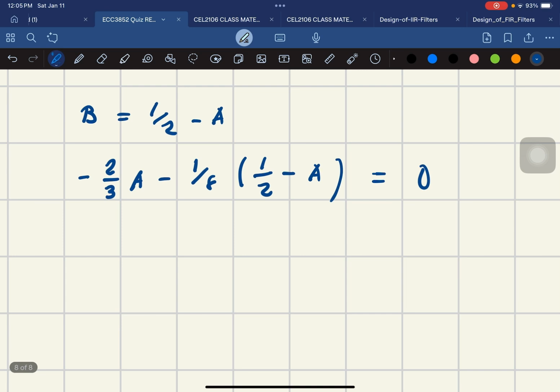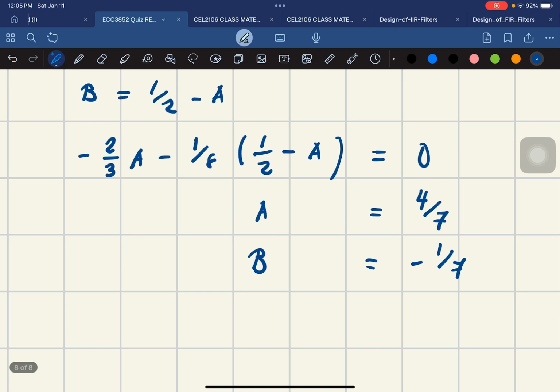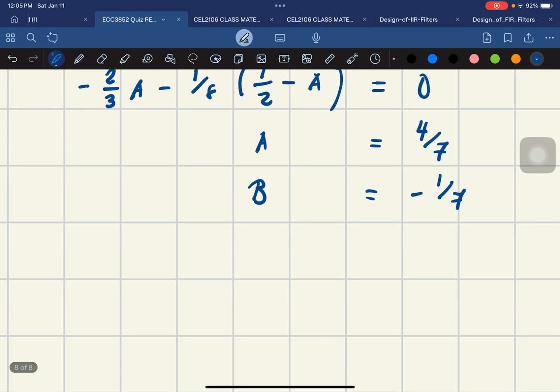Okay, so the answer will be, it's going to take long. A is 4/7, and B is negative 1/7.